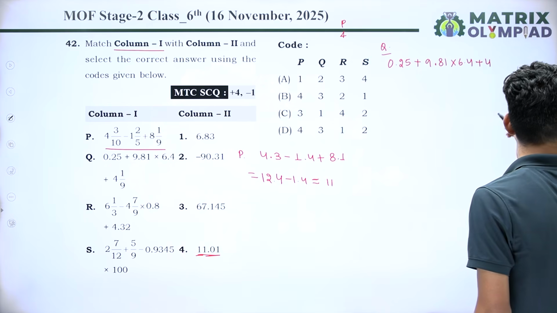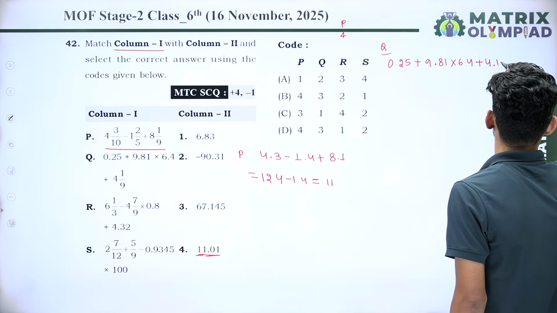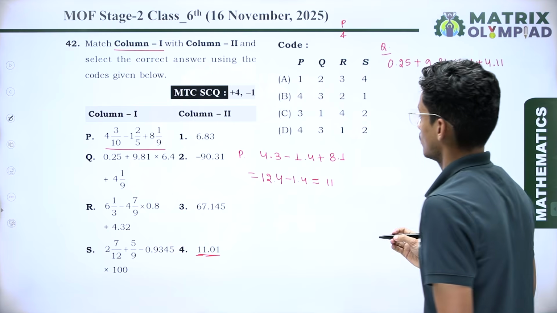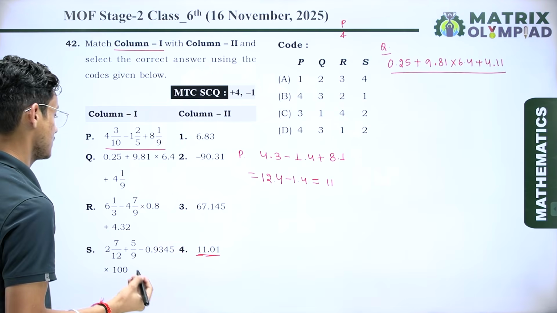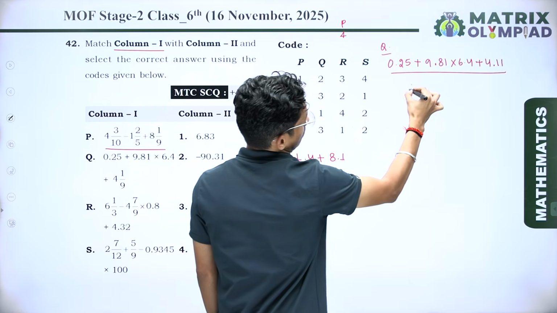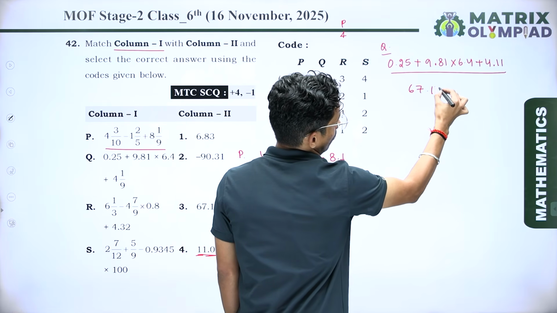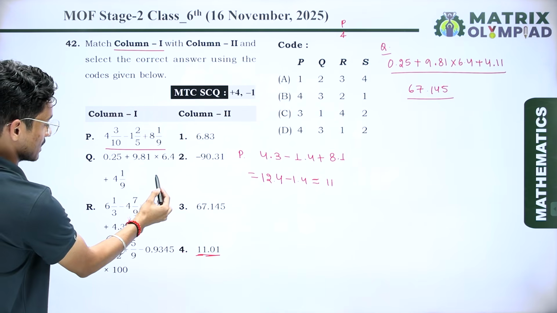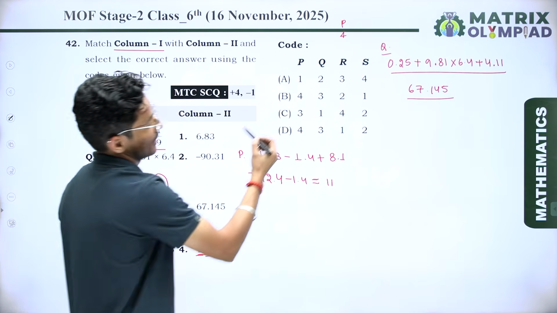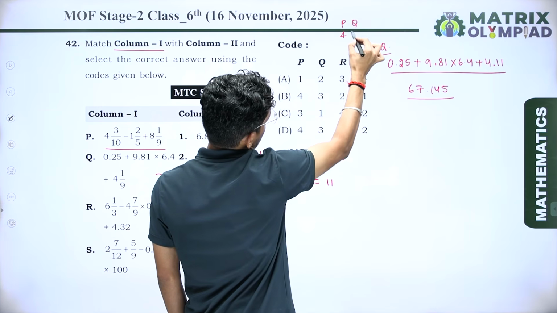So 4 and 1 by 9 we can write 4.11. So when we simplify it, we get answer that is 67.145 approx. Okay. So it means Q is connected to 3. So I can write here Q is connected to 3.